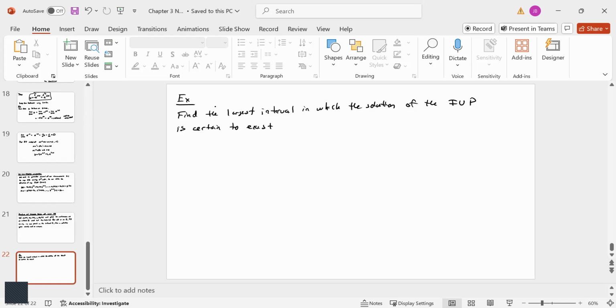So here's the differential equation: (x squared minus 3x) y double prime plus x y prime plus (x plus 3) y equals 0. And then we're told y(0) is equal to 2 and y prime(0) is equal to 1.